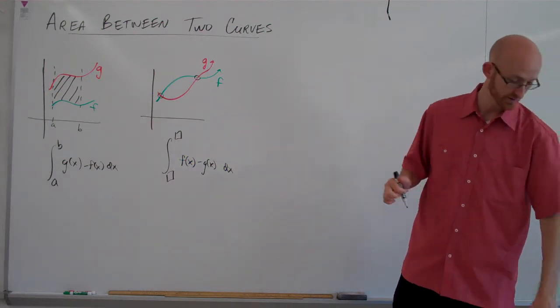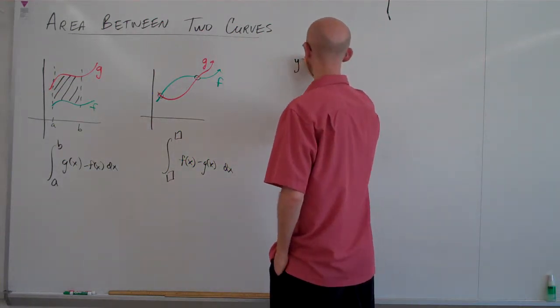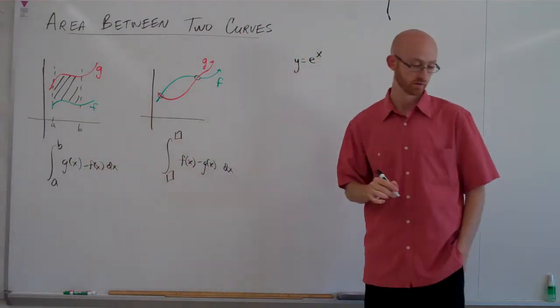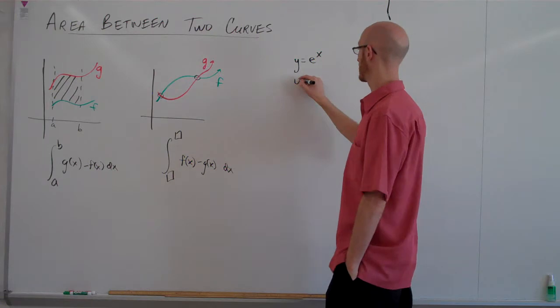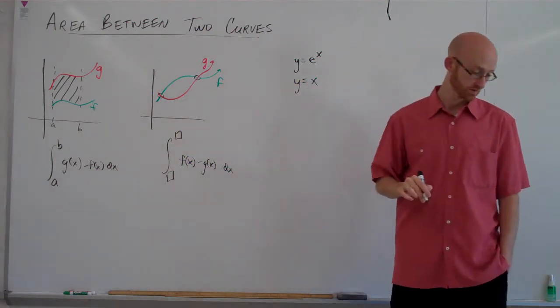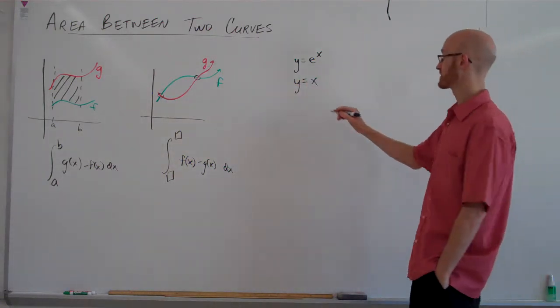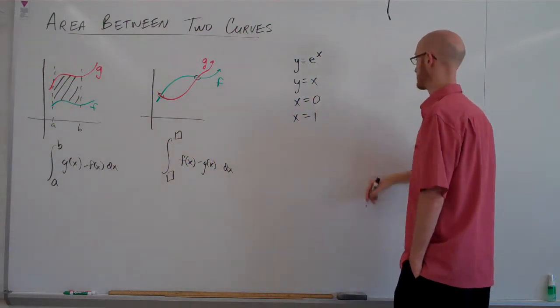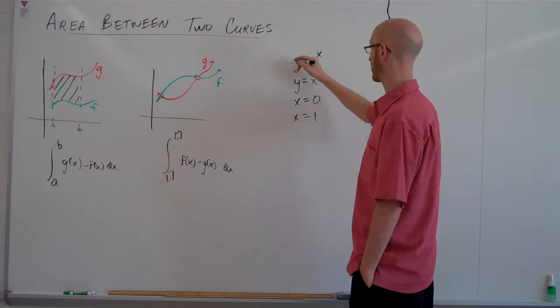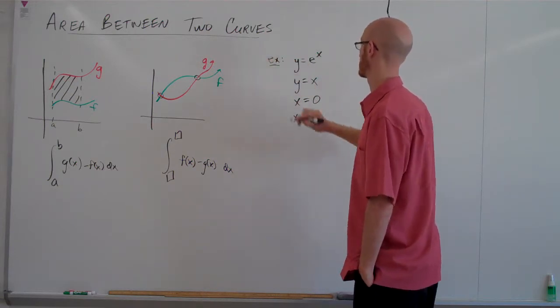We're going to take the region bounded by y equals e to the x, bounded below by y equals x, and on the sides by x equals 0 and x equals 1. So this whole thing is going to be one of our examples.